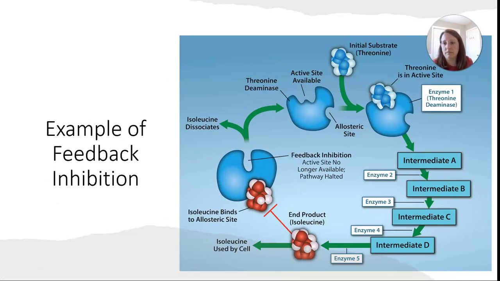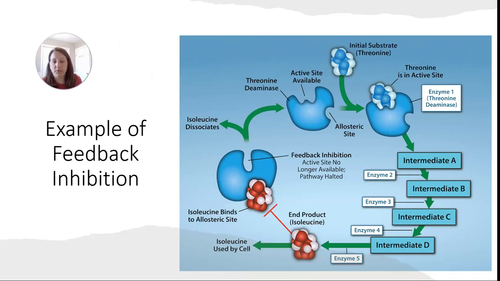Here's another example. This is a real example. The amino acid isoleucine, which is shown here, is the end product of this pathway. And so isoleucine is an amino acid that our cells will use to build proteins. And so if isoleucine is starting to be made in excess and isn't being used, it will bind to enzyme 1 of the pathway, and it will inhibit the enzyme.